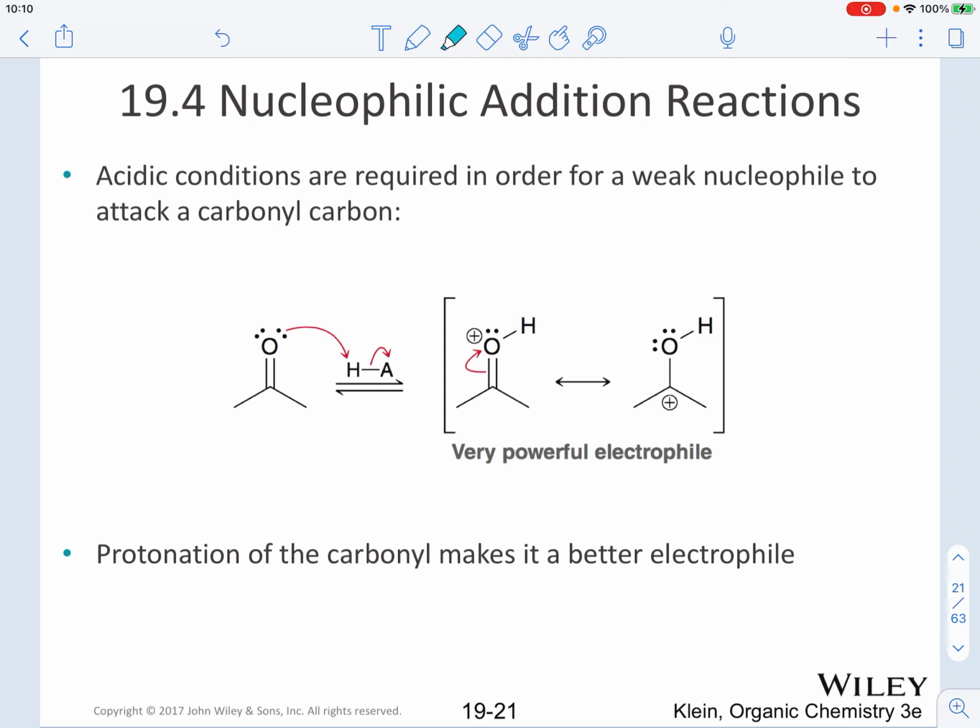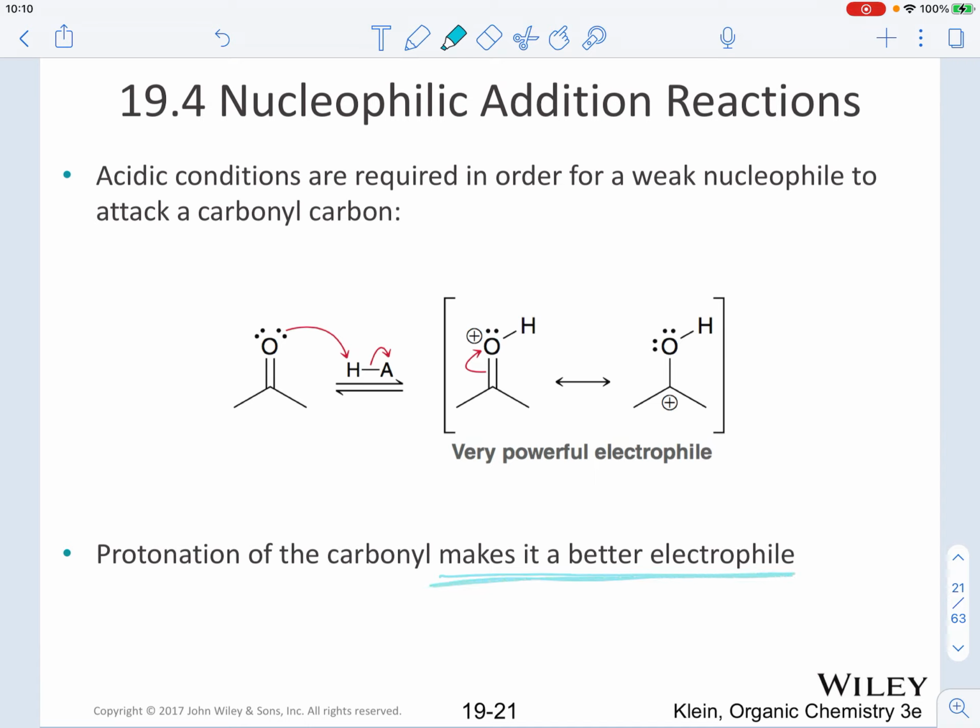So, understand that in order for these weak nucleophiles to attack our carbonyl, we need the acidic conditions for the protonation of the carbonyl, okay? The protonation actually helps the whole system by making our carbonyl a better electrophile.